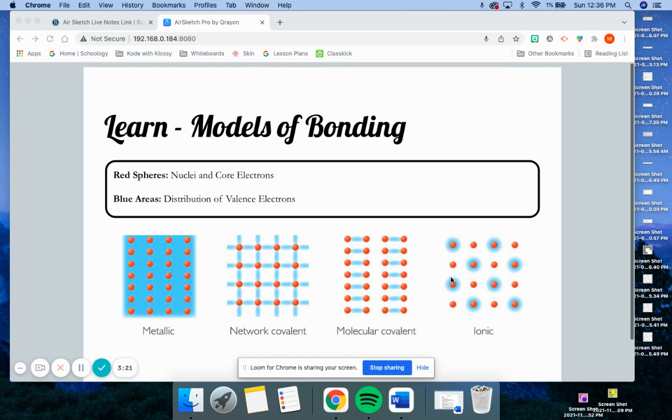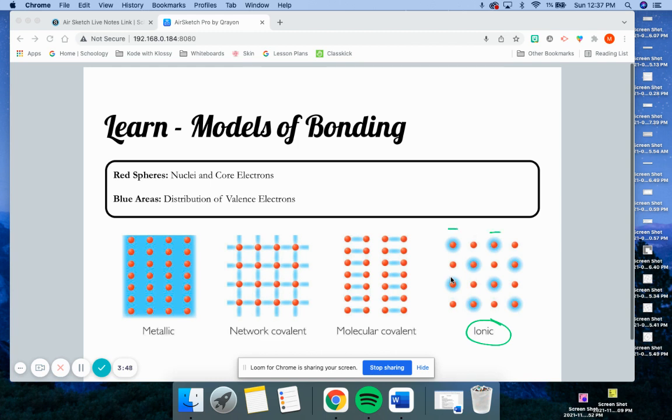So let's zoom in just for a quick second on ionic bonding, which again we talked about extensively in chapter 4. You'll notice that only half of the atoms in an ionic bonding network contain these blue areas of valence electrons. And this is because, as we learned about in chapter 4, in ionic bonding, metal cations have transferred electrons to non-metal anions.